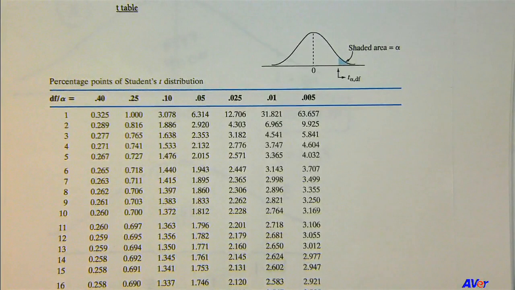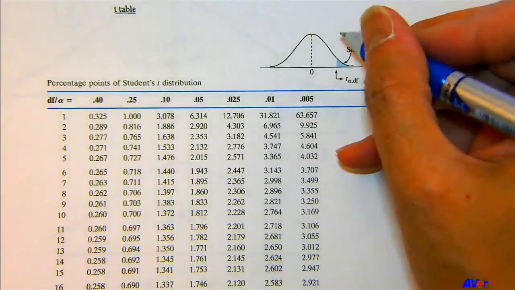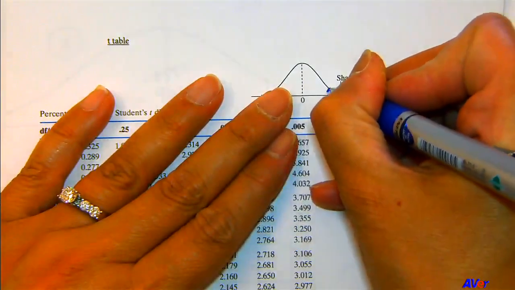So first of all, the t-table doesn't work like the z-table. It works differently than the z-table. The t-table deals with the area in the tail, whereas the z gives you the area to the left of what you look up. The t will deal with this area in the tail of the distribution.